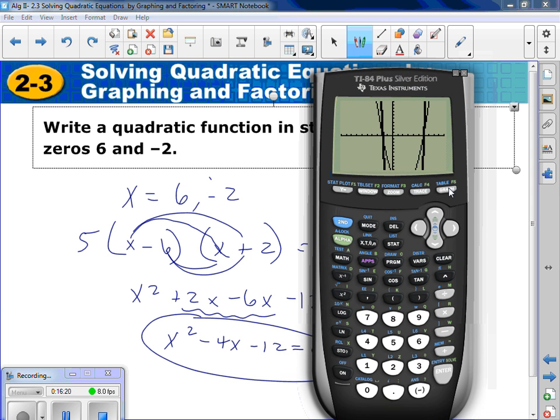So the graph itself has changed a little bit, right? But where do they cross at? The same numbers. This 4x came from these two. The zeros did not change. Having a number out front just changes how it's stretched or compressed, but still has the same zeros.